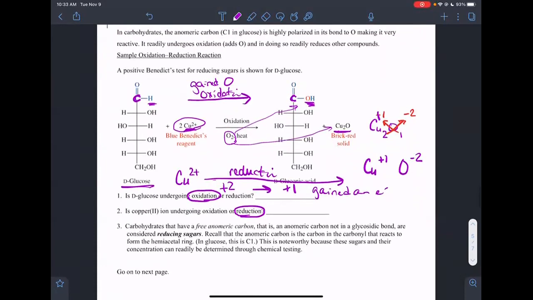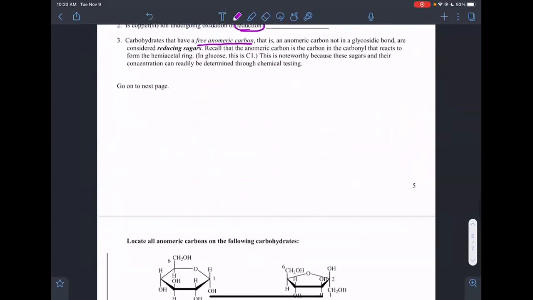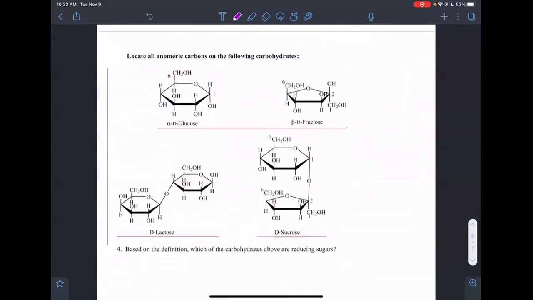So all sugars that have a free anomeric carbon, that's an anomeric carbon that is not participating in a glycosidic bond, are called reducing sugars, because they can undergo this reaction. They can reduce Cu2+ to Cu1+. So this is a good way for us to test. So is glucose a reducing sugar? Absolutely it is.